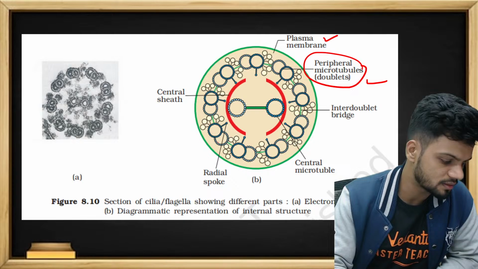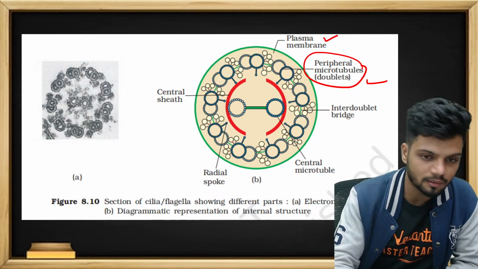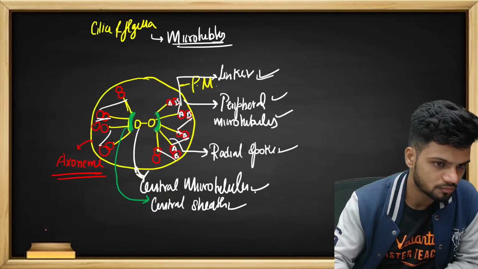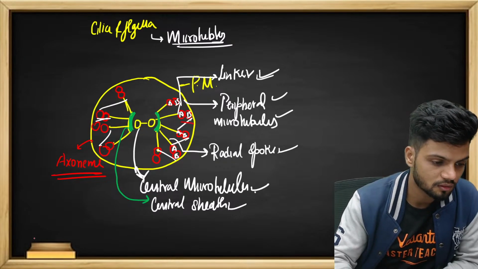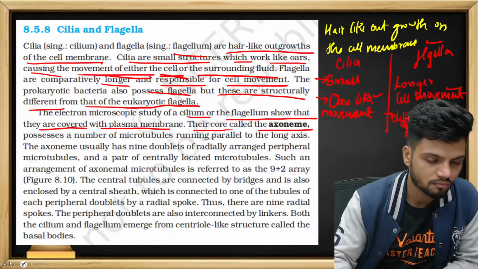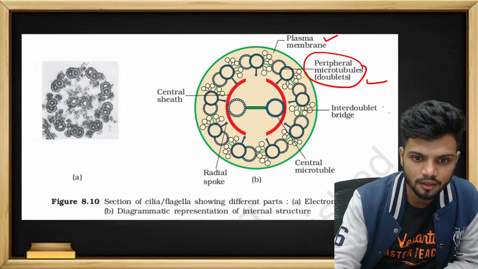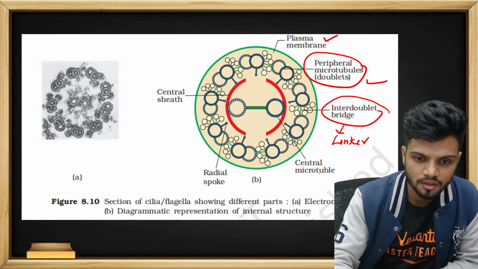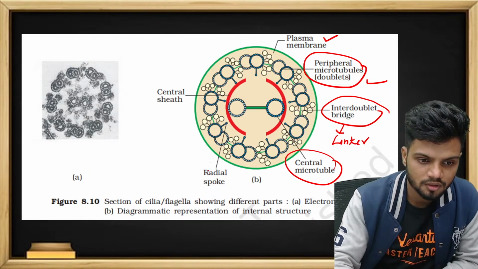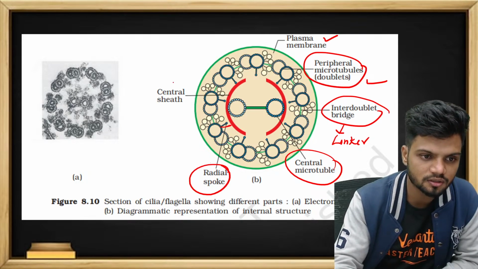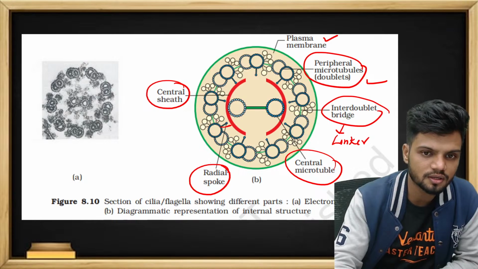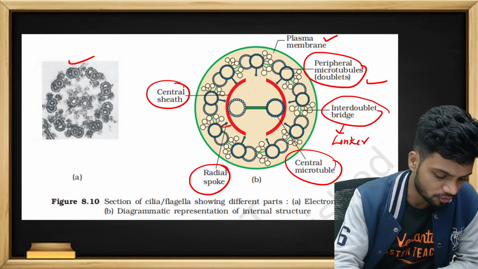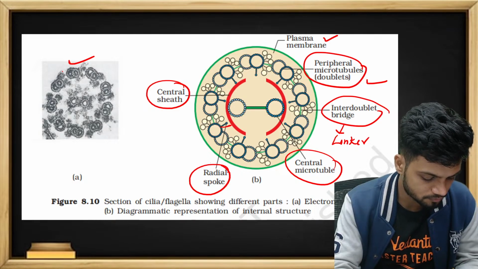I've told you, doublets on the periphery. Then the linker, the central microtubule, and the radial spoke, and how they are attached to the central sheath. This is called the central sheath. Each and every point is covered. This is the electron microscope image.